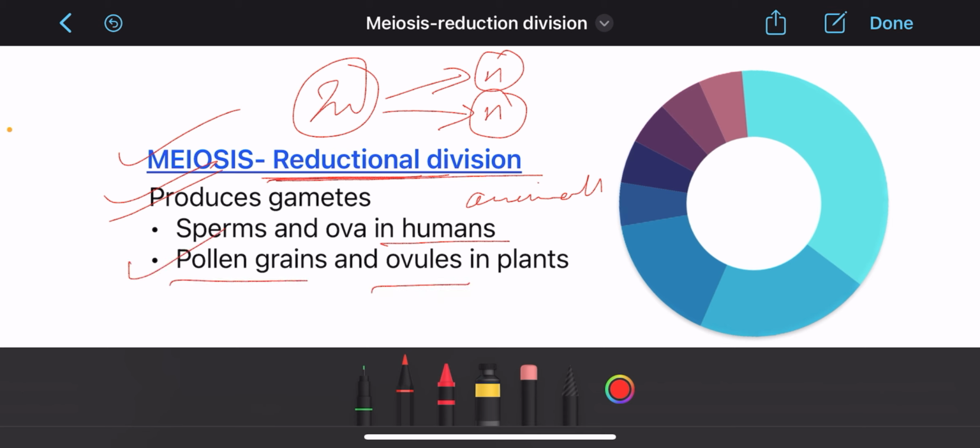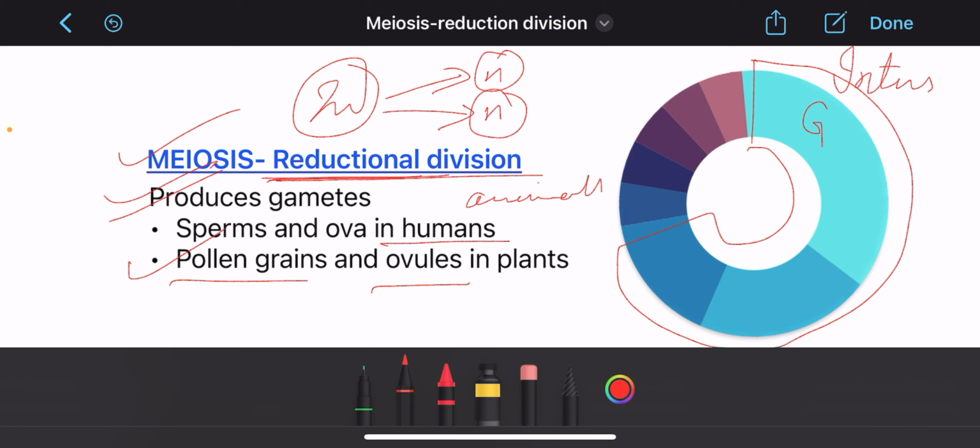Now, before going deep into the discussion of meiosis, let us first discuss the cell cycle. The cell cycle is divided into two phases. The first phase is the interphase, which is also known as the resting phase, although it is not a resting phase because active synthesis of RNA, proteins, and DNA takes place here. In the G1 phase of interphase, the synthesis of RNA and proteins along with active synthesis of cytoplasm takes place.